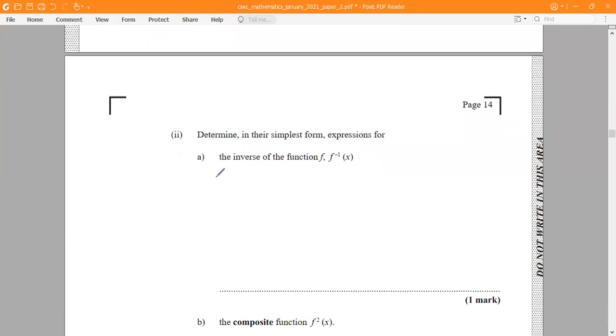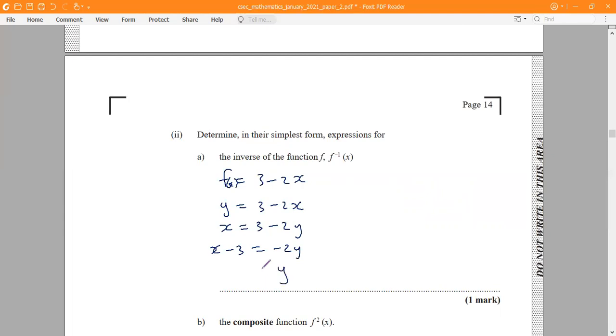We are asked to determine the expression for the inverse of the function. So we know f of x is equal to 3 minus 2x. What we do is instead of f of x, we write y. We then interchange x and y. We then make y the subject of the formula. So we subtract 3 from both sides.